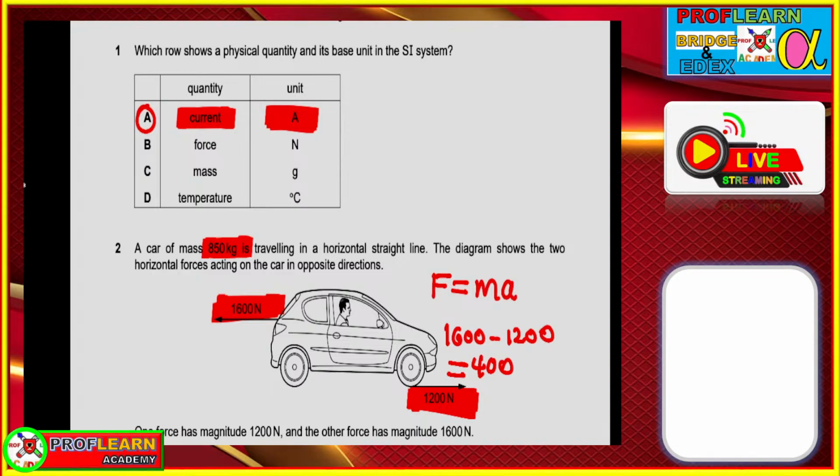Whereby I've worked out a resultant force. Sorry, I think my audio was not working, but now it is.